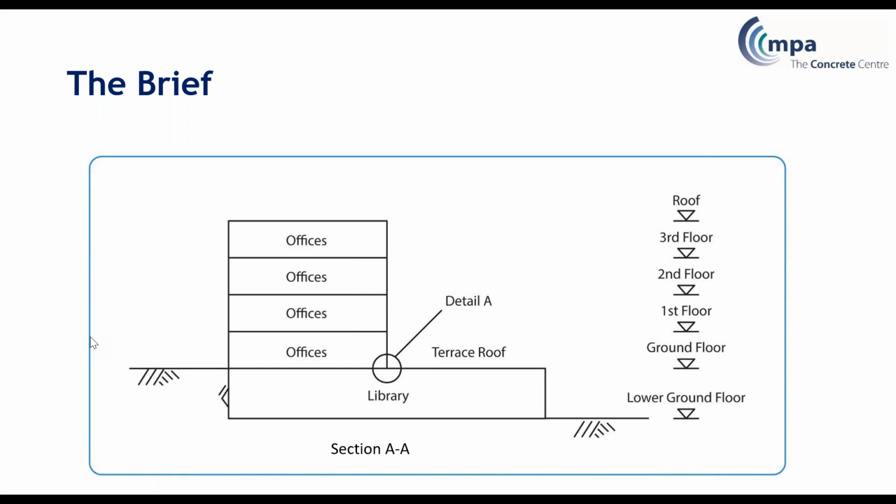You put the columns in where it's structurally a good idea, but we haven't put a limit on the span between columns, or whether you can have columns in the elevations. So put them where you think is a good idea structurally, and also from the point of view of making the office space work.